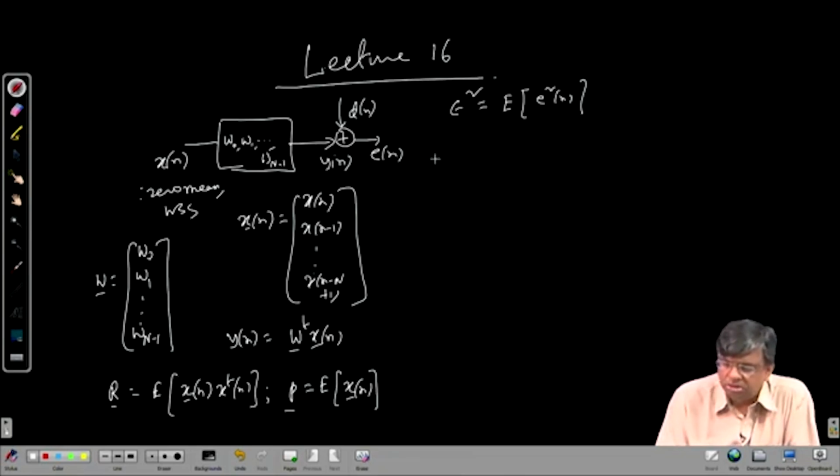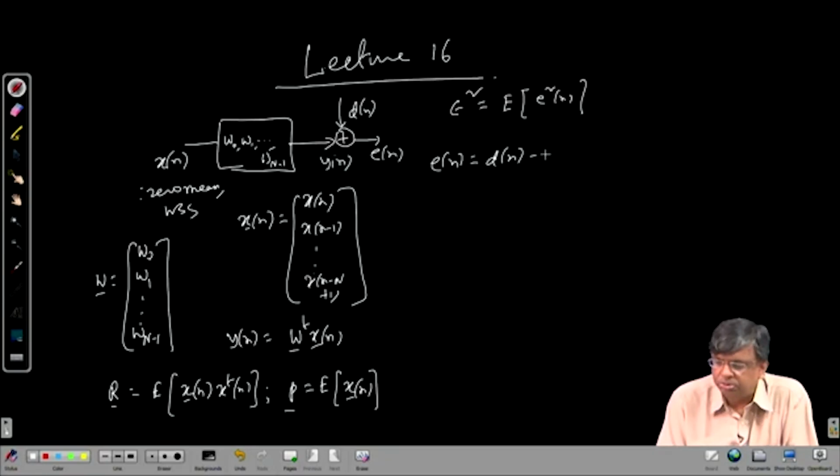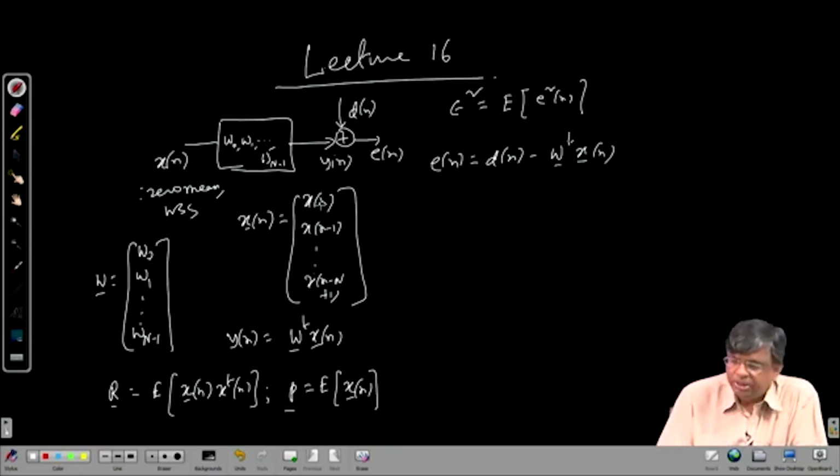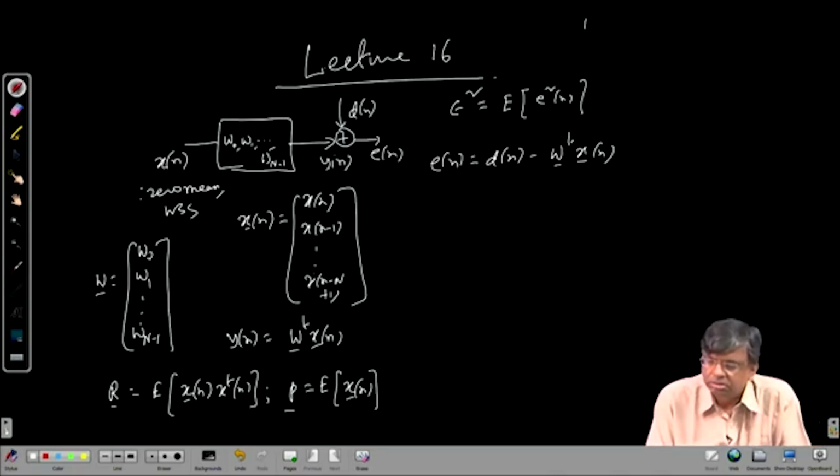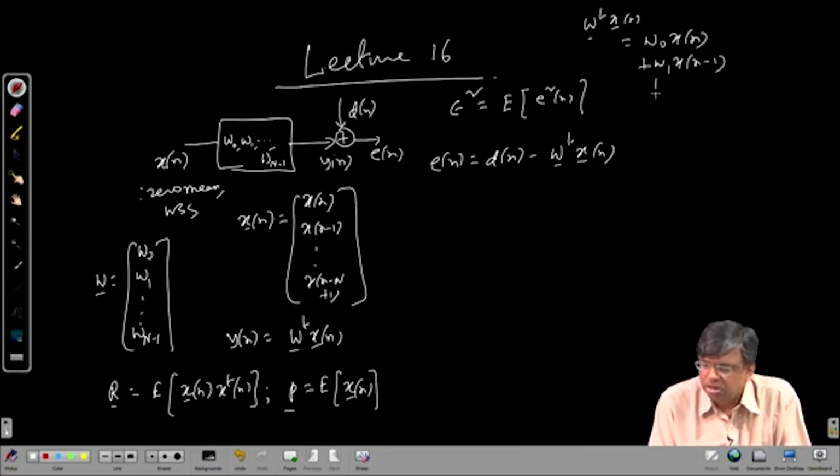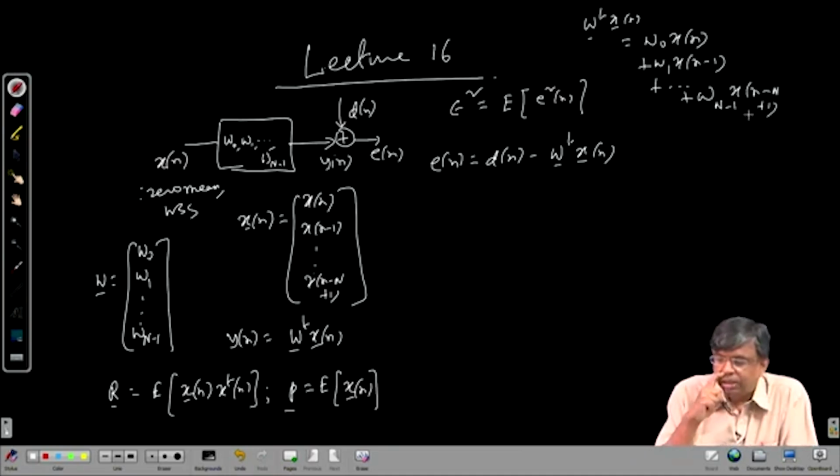Okay. How? Because e n was d n minus y n, where y n is W transpose x n. If you really expand W transpose x n, it is nothing but W 0 current sample plus W 1, it is a convolution, x n minus 1, dot dot dot, W n minus 1 x n minus capital N plus 1.